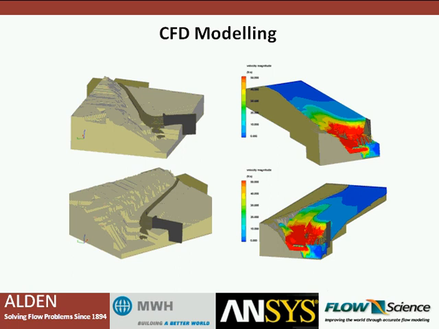This is just one example of where we're using CFD modeling on a project, and I think it demonstrates some of the features where CFD modeling can really be important. This is a rather complex geometry for a number of reasons. We've got a stepped structure. We've got a curved section in our spillway. The channel's very irregular. The weir crest is also irregular.